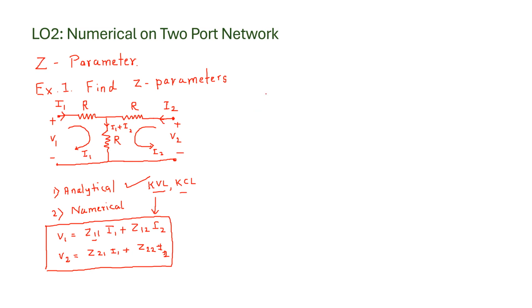Now we can write the equation. Let us write the KVL equation to loop 1. Now V1, the voltage we applied here, is equal to the drop in this resistor. The drop is I1 into R. I1 is the current that flows and R is the resistor, giving the voltage drop.